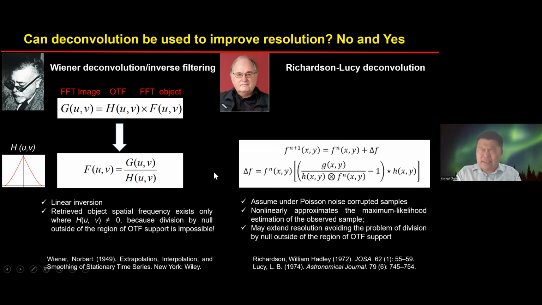However, in the 1970s, astrophysicists Richardson and Lucy independently proposed another idea. Instead of doing a direct inversion in the Fourier domain, they say we can make a guess of what the object F looks like, and then convolve it with our point spread function.